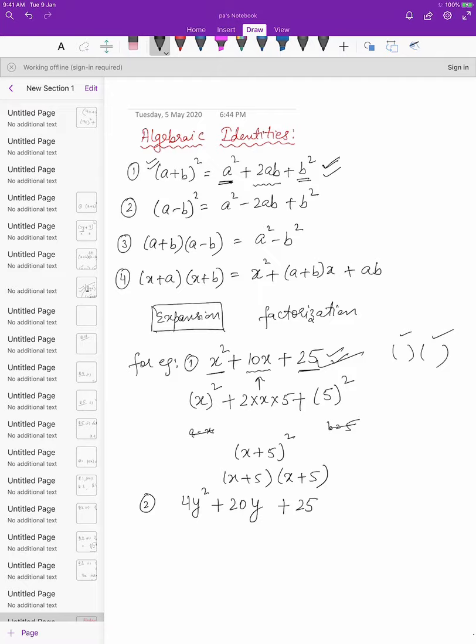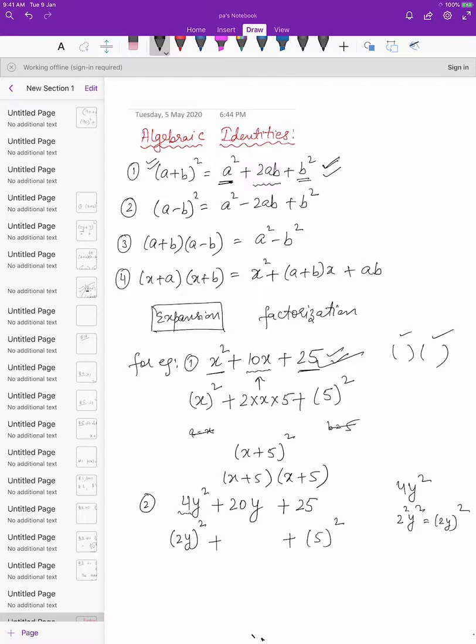Again, you can think of using (a + b) whole square, but before we use that identity, first we must make sure that two terms are perfect squares. In this case it is 4y square. 4 is also a perfect square. 4y square can be written as 2 square y square, or I can write it as (2y) whole square. So in place of 4y square, I can write (2y) whole square. When I open out (2y) whole square, I will get 4y square only. Similarly, I can write 25 as 5 whole square.